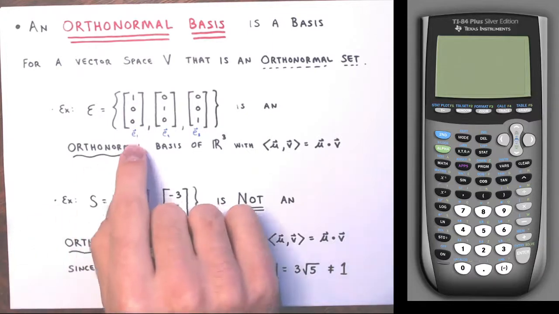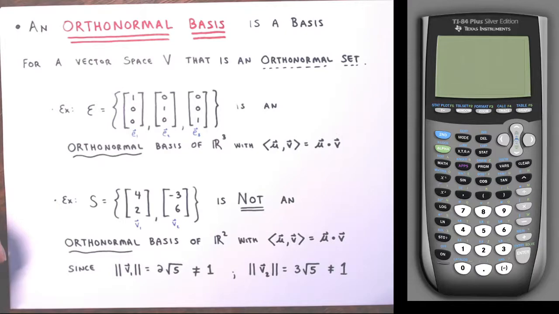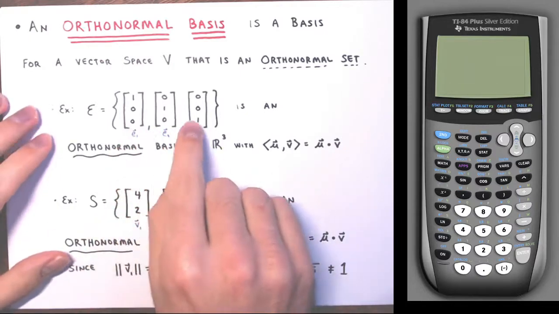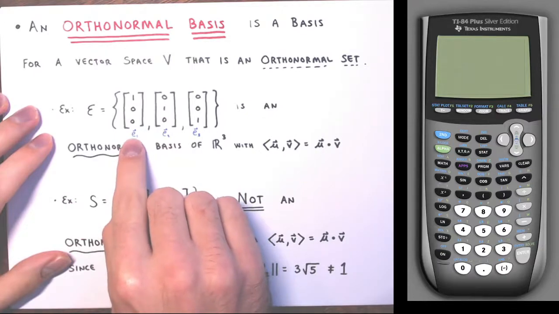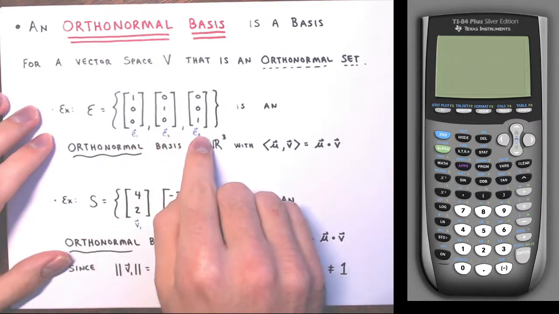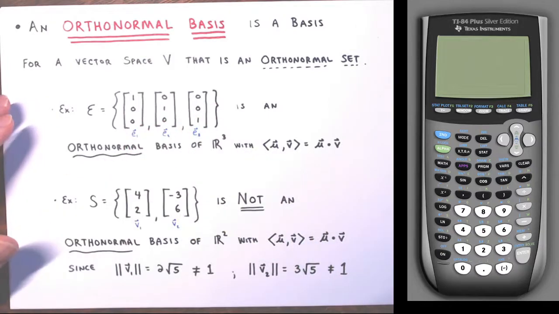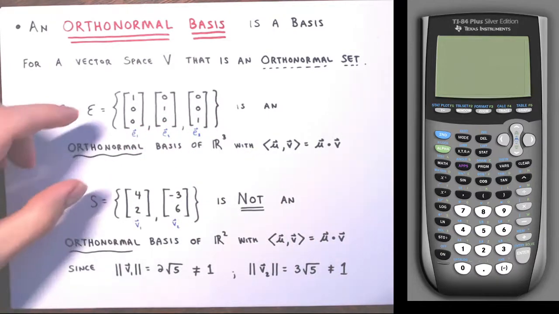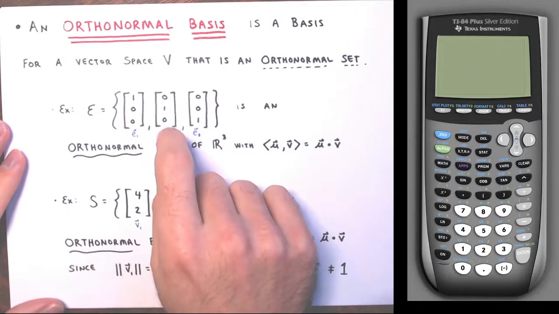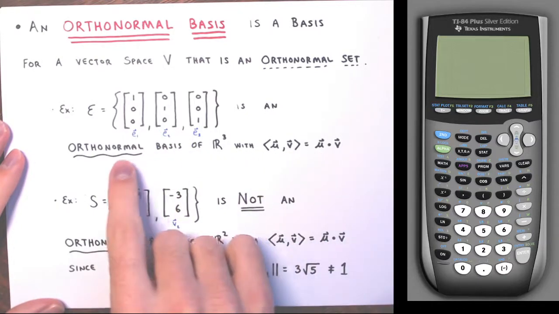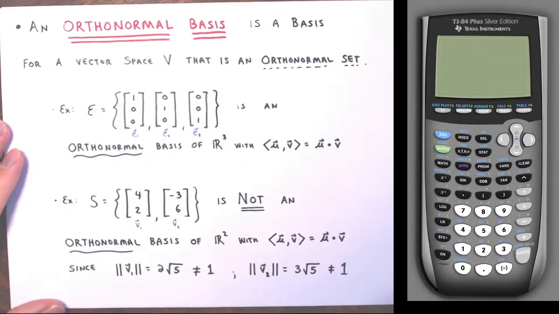Remember, the norm of a vector is the square root of the inner product of that vector with itself. So if you take the dot product of each of these vectors with themselves, you're going to get 1. E1 with itself is 1, this with itself is 1, this with itself is 1, and the square root of all those would be 1. So every vector is a unit vector. So the standard basis for R3 under the dot product is an orthonormal basis.